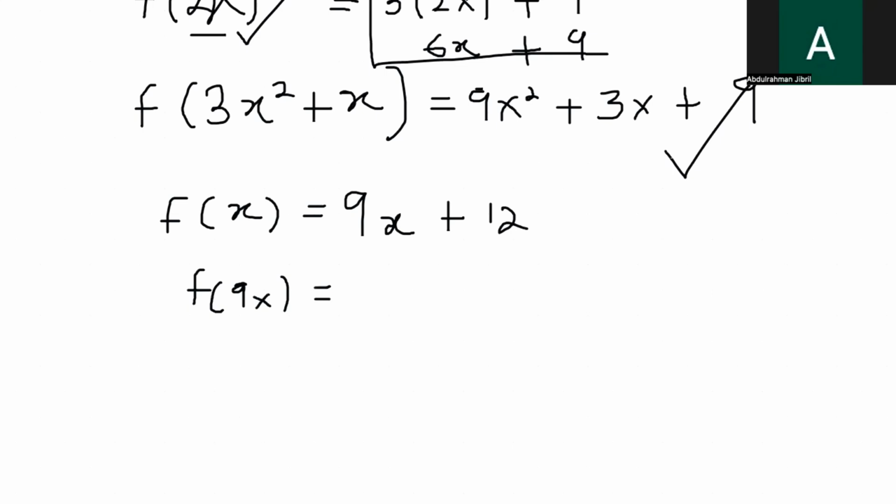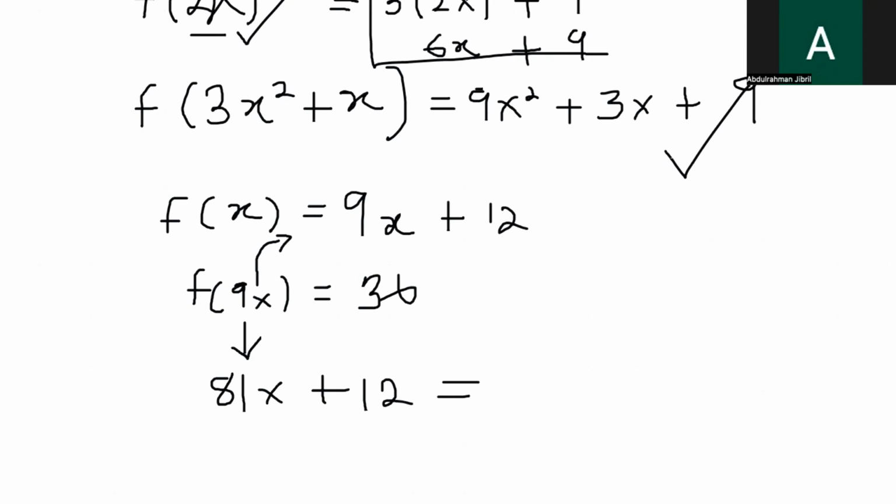Find x. This is very simple. You substitute 9x into this. So you have f of 9x being 9 times 9x, that would be 81x. So 81x plus 12 will be equal to 36.